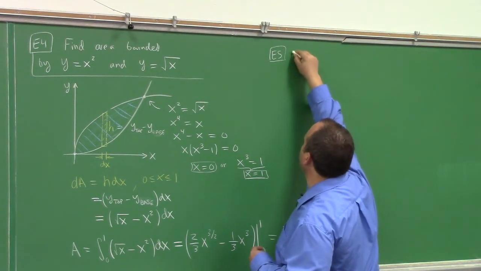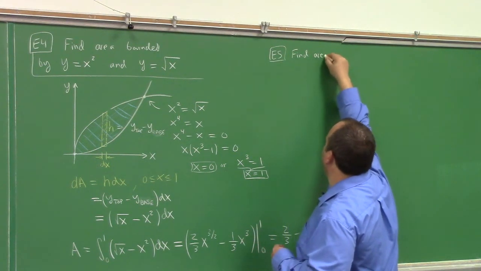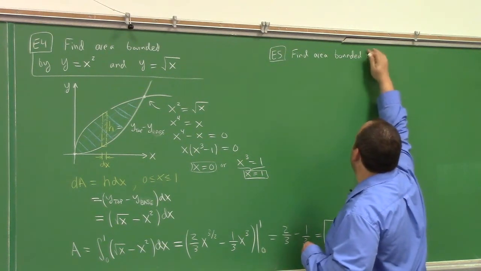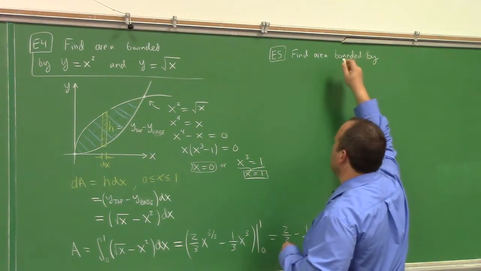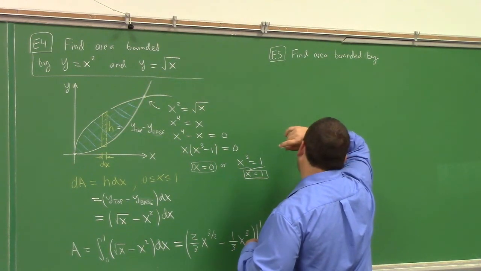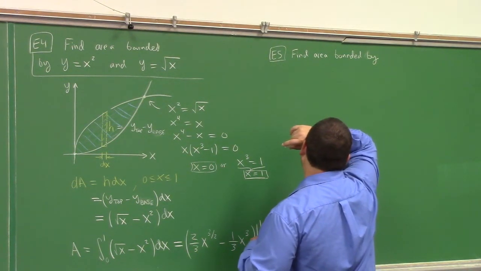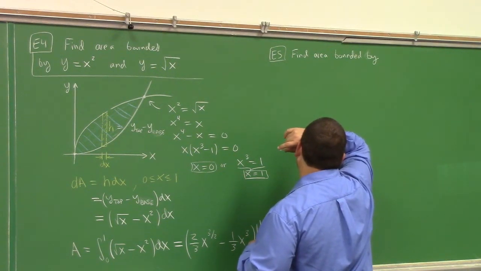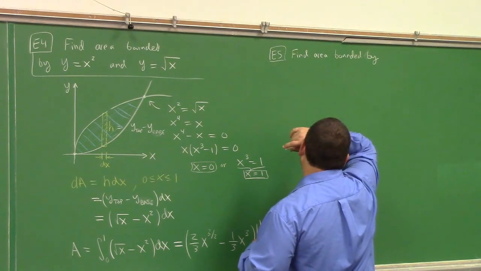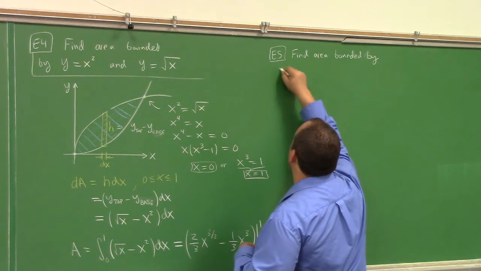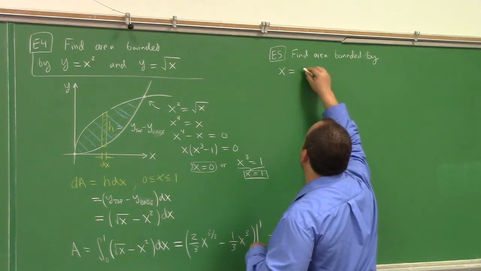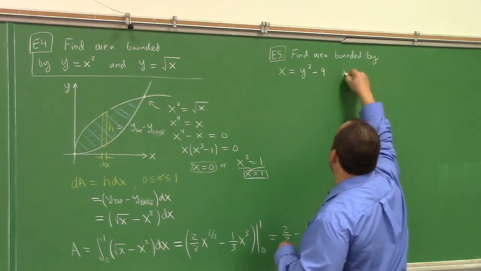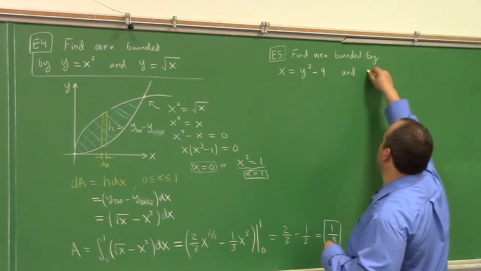Suppose we find the area bounded by, let's see here, x equals y squared minus 9 and x equals 1.